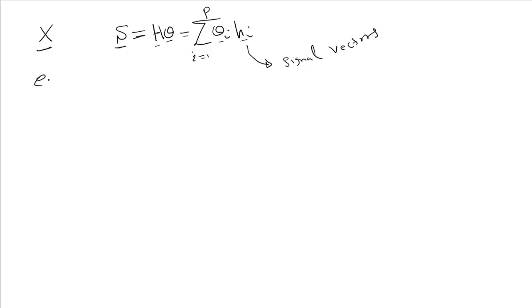Error is observation minus signal, and the cost function or the least squares criterion tries to minimize the energy of the error. I can write it like the norm of error to the power of 2. And we can write the norm as e transpose e.